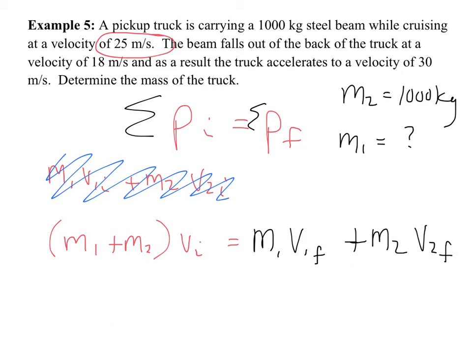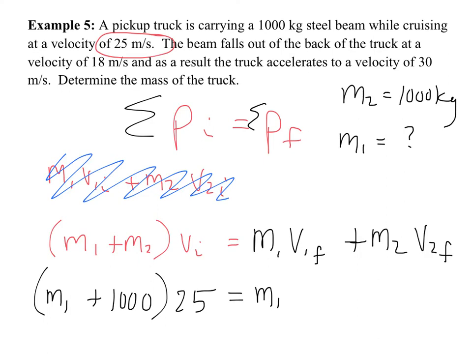So if I were to plug in numbers, what's the initial velocity, VI, of the truck beam combo? Before any separation, what was the velocity? 25 meters per second. The mass of the beam is 1,000 kilograms. The truck is still unknown, so I still write M1.